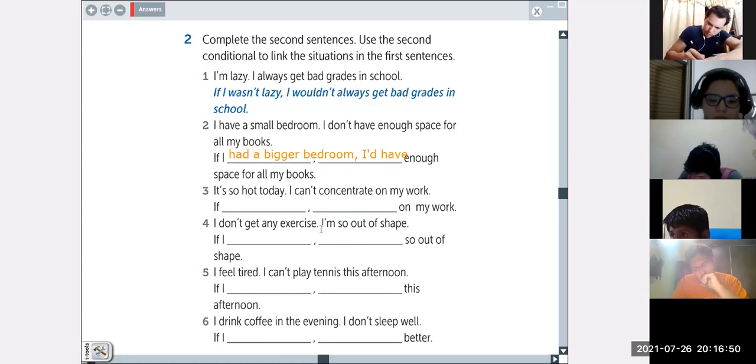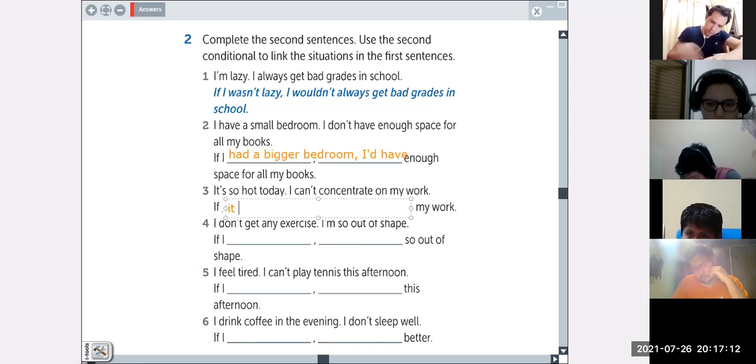Number 3. It's so hot today, I can't concentrate on my work. If it's colder today, I could concentrate on my work. Okay, if it's colder, or was colder, or were colder, as you want.